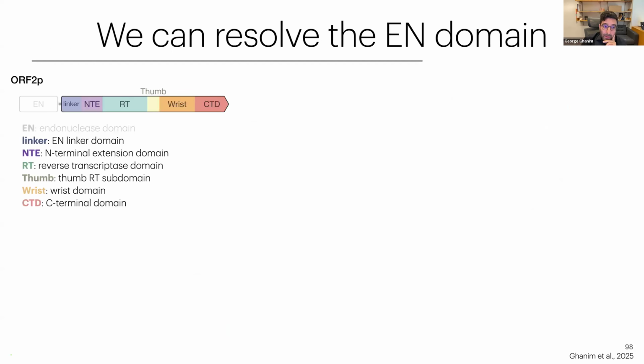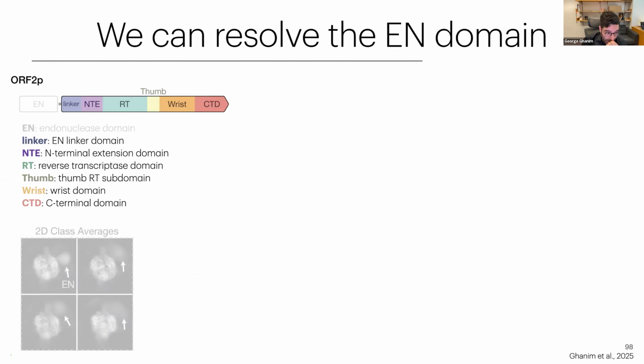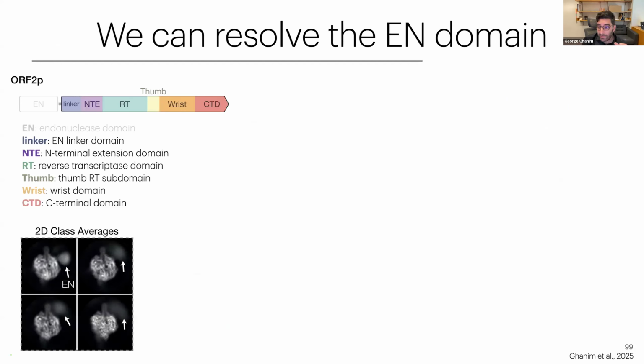Okay. We were also able to resolve that endonuclease domain. Now, remember in the beginning of the talk, I had mentioned that this endonuclease domain was very flexible. And here's the 2D class average where we see this endonuclease domain flopping about.